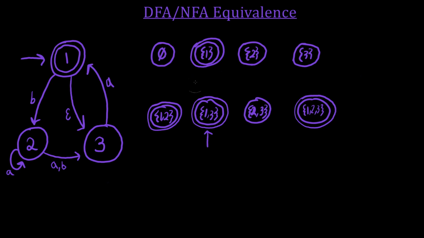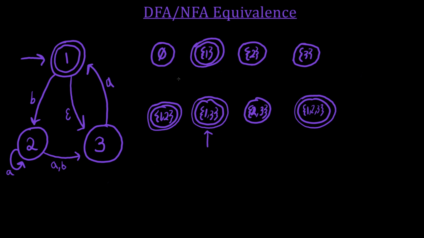To find where to transition on the character A, we look at state 1, the state inside this set, and ask what all the states in the NFA are that are reachable from state 1 on the character A. Then we find out what that set is. Once we have it, our second step is to take the epsilon closure of that set. The set we get out of that is the state we want to transition to in our DFA.